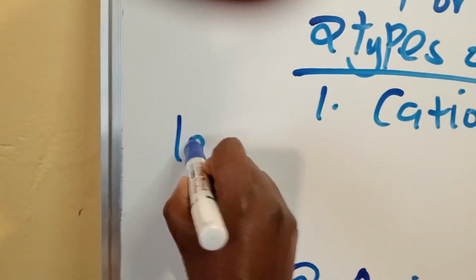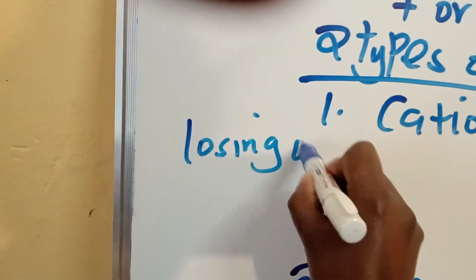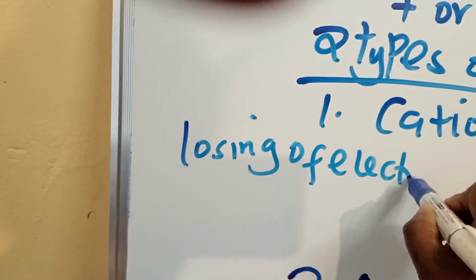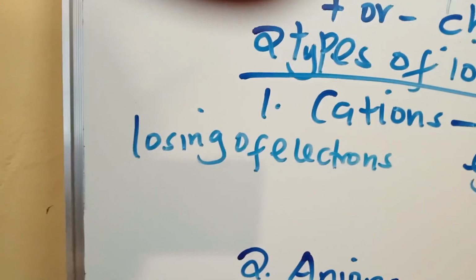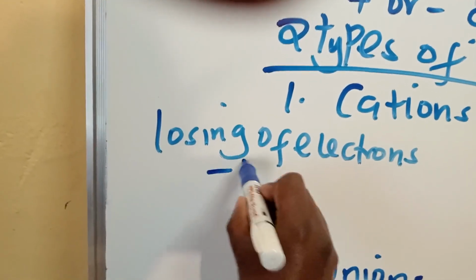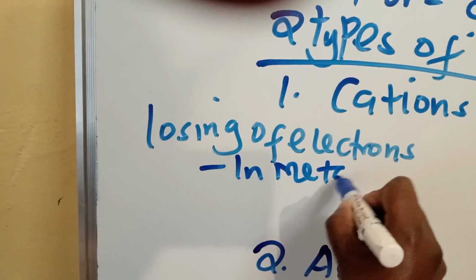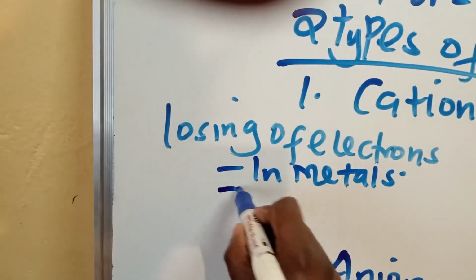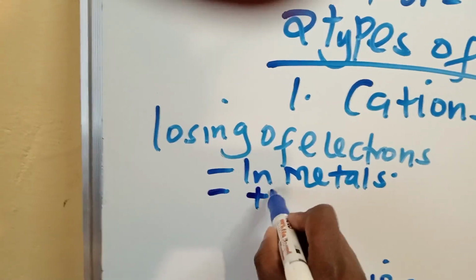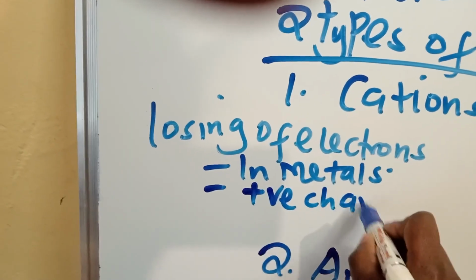When we have the losing of electrons, that happens in metals, and then they end up with a positive charge.